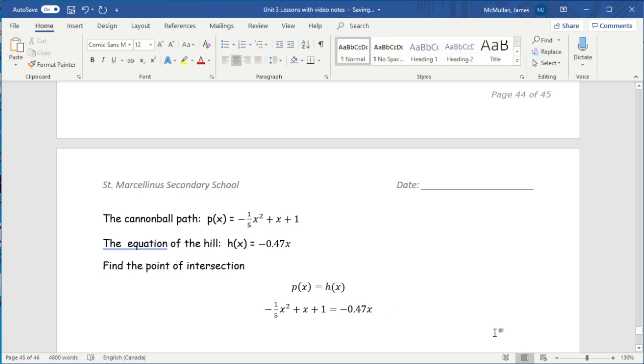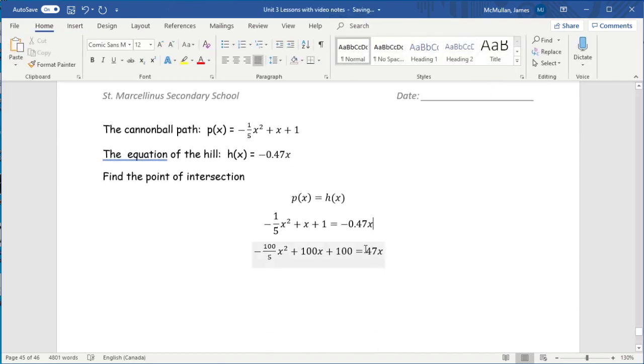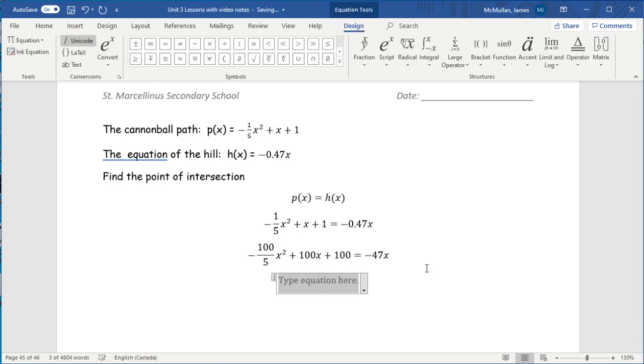Now I don't like working with negative 0.47, so let's multiply everything by 100. So negative 100 over 5 x squared plus 100x plus 100 equals negative 47x, right? So there you go, I just got rid of the decimal. Okay, now that 100 over 5 I want to clean up. I know that's just equal to negative 20.